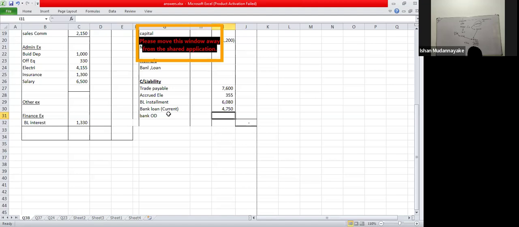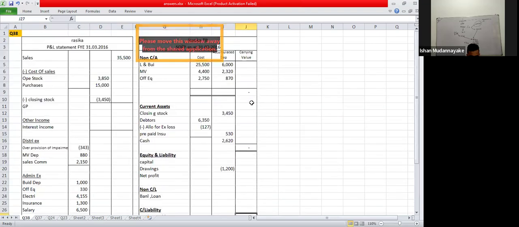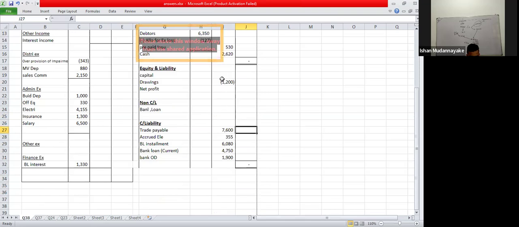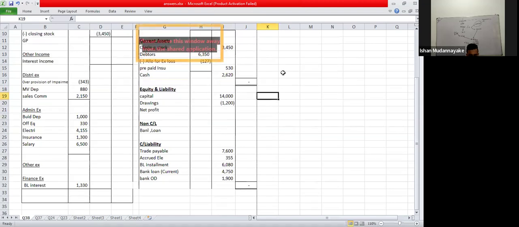Bank overdraft 1,900. And then capital account balance 14,000. Okay, right.